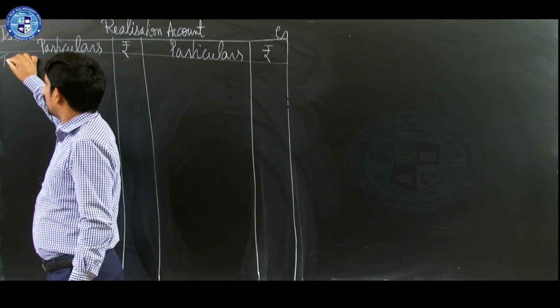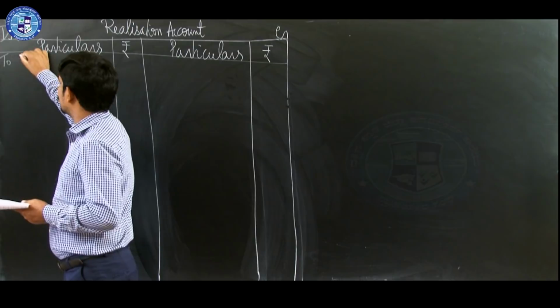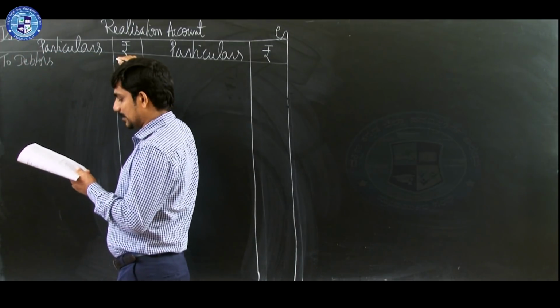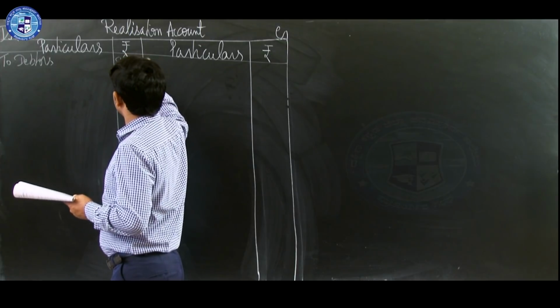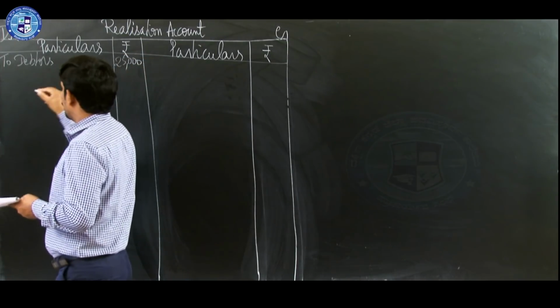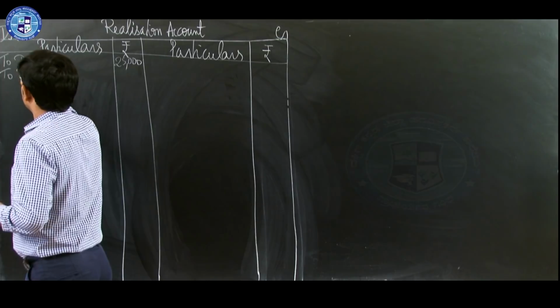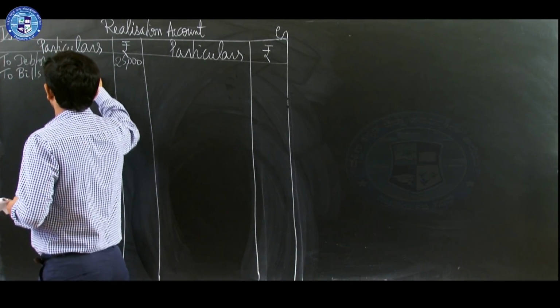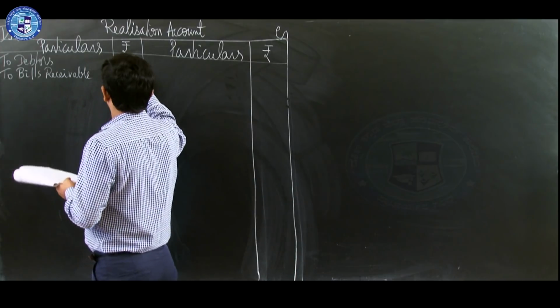Other than cash, all other assets we transfer to the debit side. First, debtors: to debtors 25,000. Next, bills receivable: to bills receivable 5,000.